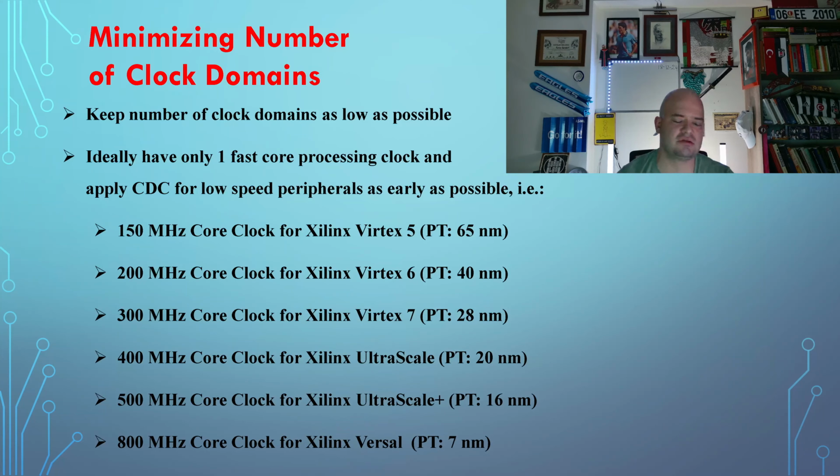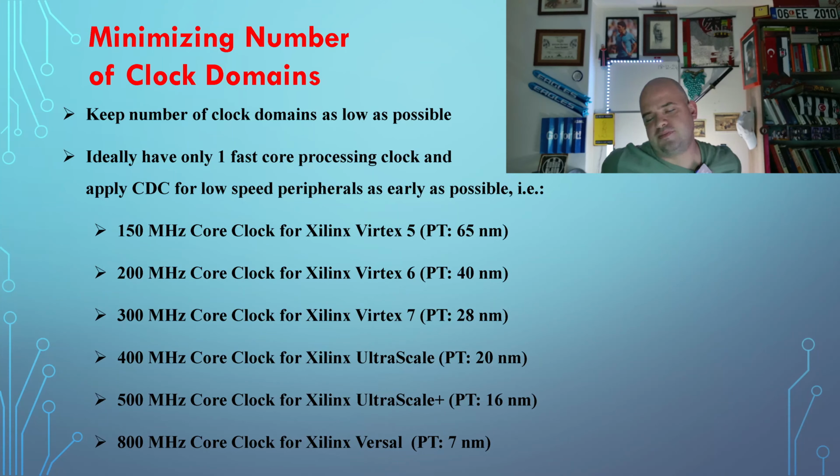In case you need to implement a logic whose period cannot be 3.3 nanoseconds, you can do it with multi-cycles. But if it is possible, of course, it is preferred to have a 300 megahertz clock speed for that Virtex 7 example in all logic in the design.